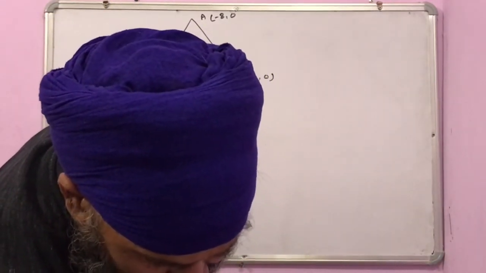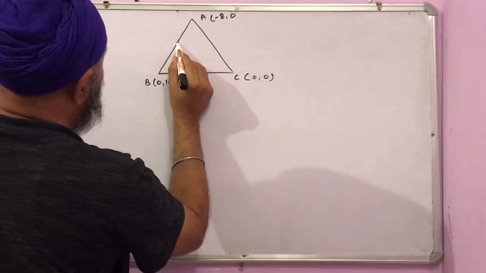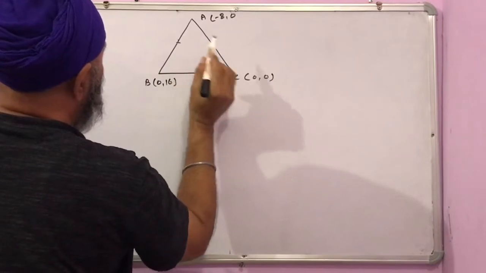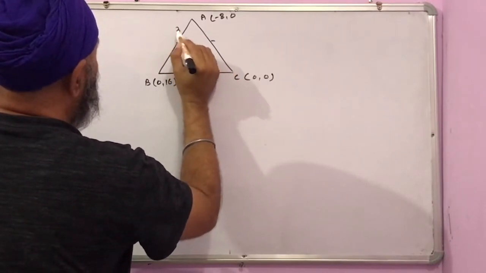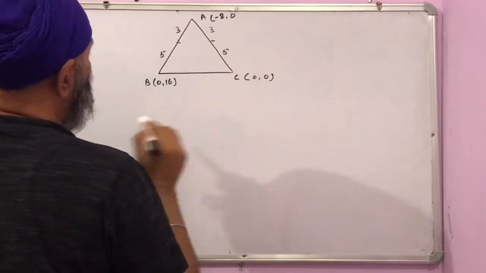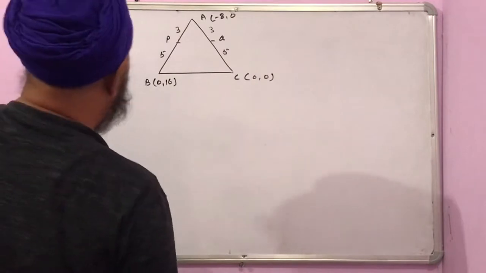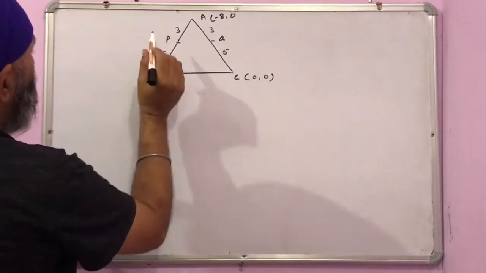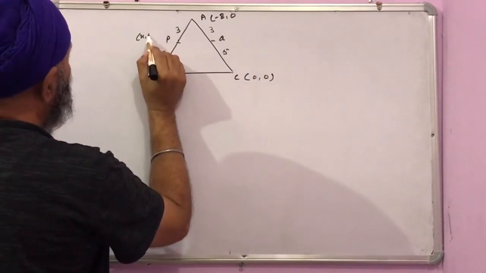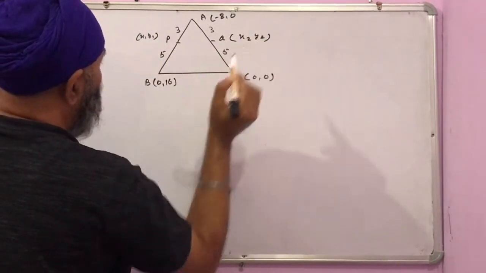P lies in AB and Q lies in AC. So P divides AB in ratio 3:5. Q also divides AC in the ratio 3:5. So we find coordinates of P and Q. Coordinates of P and Q are (x1, y1) and (x2, y2).